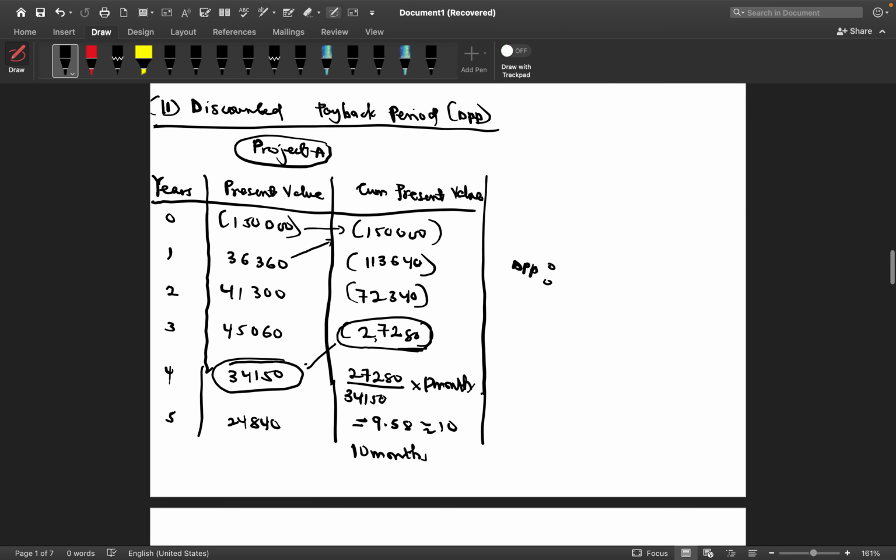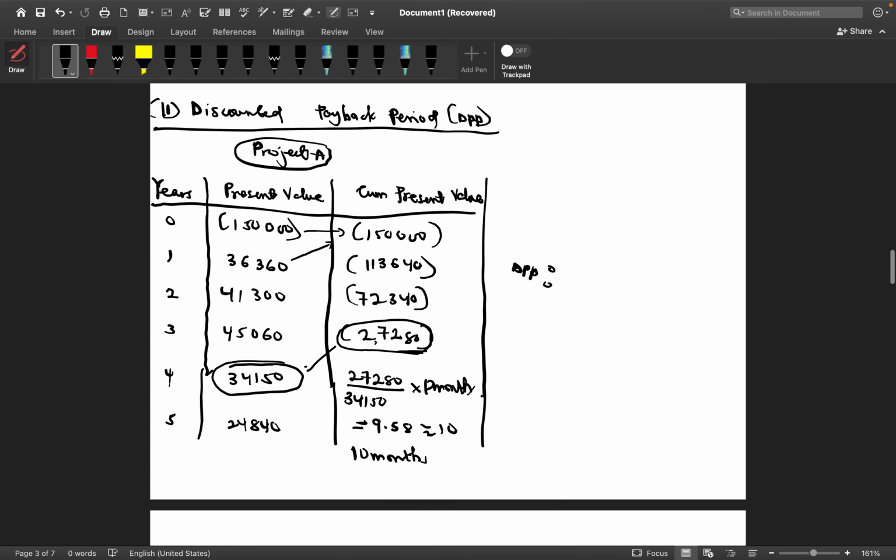Now, with discounted payback period, the year in which we did this calculation, that's the same year we pick. I did this calculation in year 4, so I picked that same year in which I did the calculation.